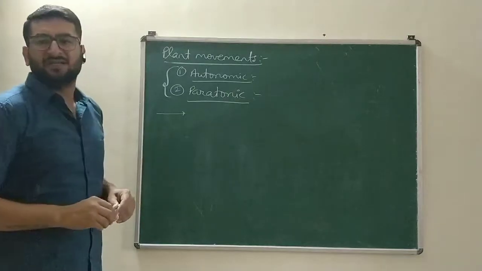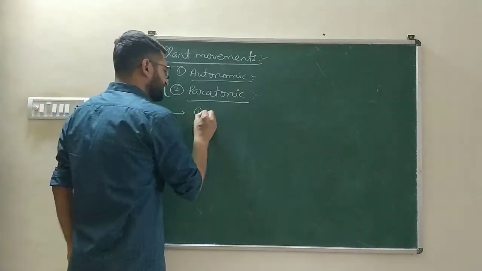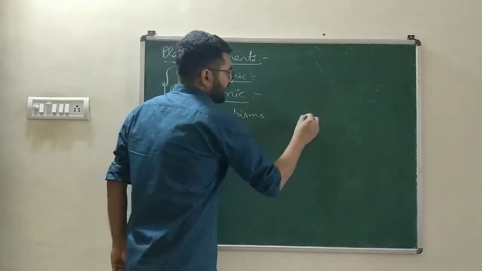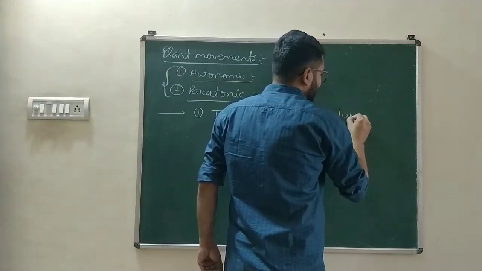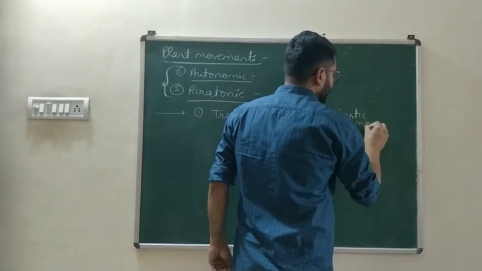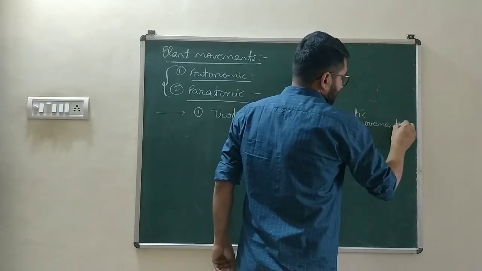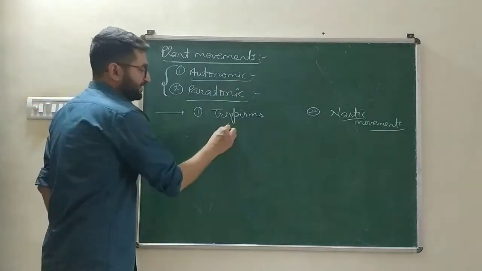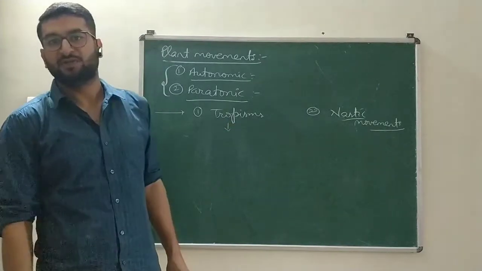Rather than these, the plant movements are of two types. First, tropisms, and second, nastic movements. The first movements which we'll discuss are the tropisms.